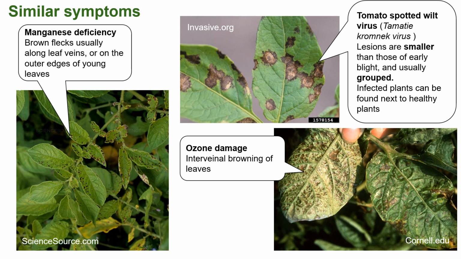What is also very distinguishing about tomato spotted wilt virus is that the infected plants will be found next to healthy plants, and the disease won't necessarily be dispersed from an infected plant to a healthy plant because the virus is seed-borne. And then ozone damage, although we don't see this very often, can also cause interveinal browning of the leaves, which can quite easily be confused with early blight or brown spot.